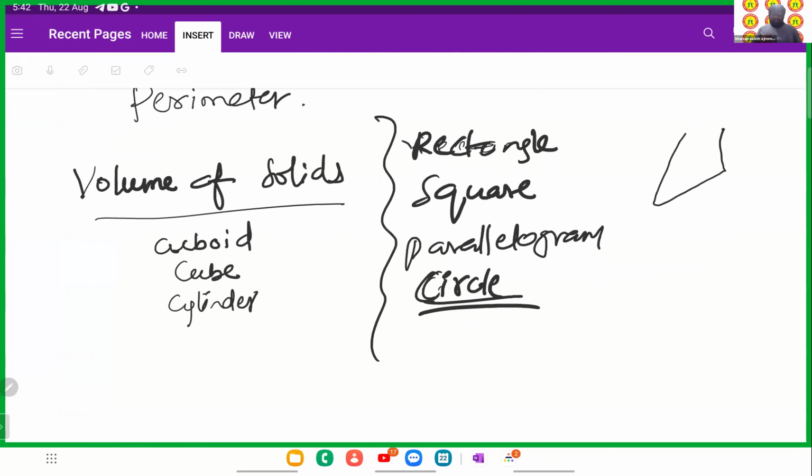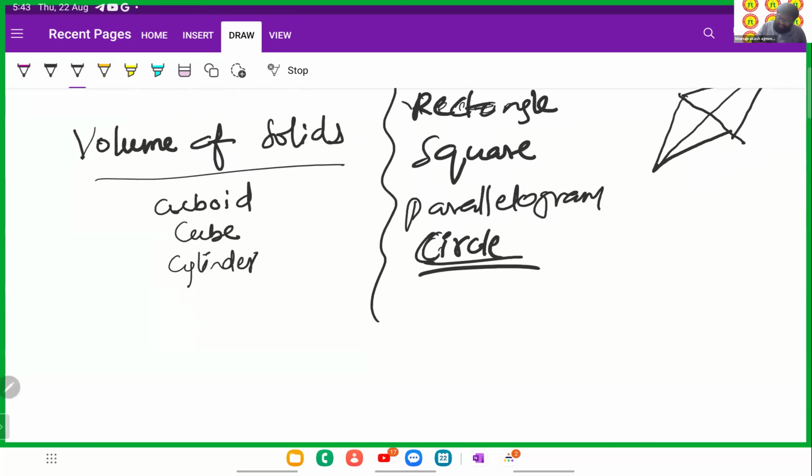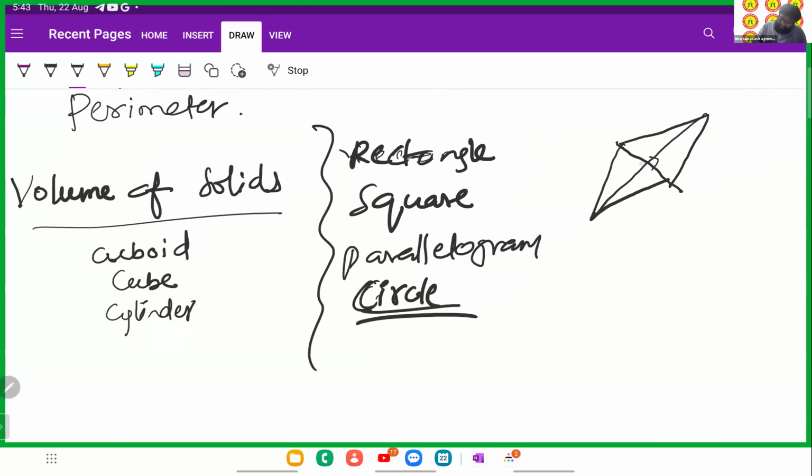In a kite, when you connect opposite corners with diagonals, these diagonals intersect each other perpendicularly, and that is called a kite.